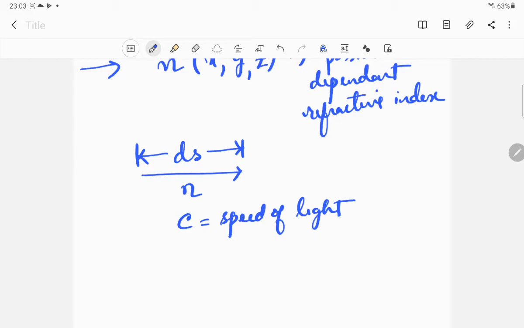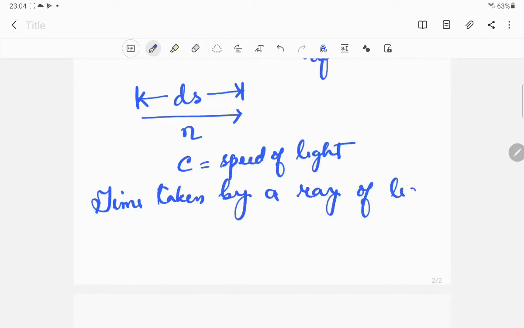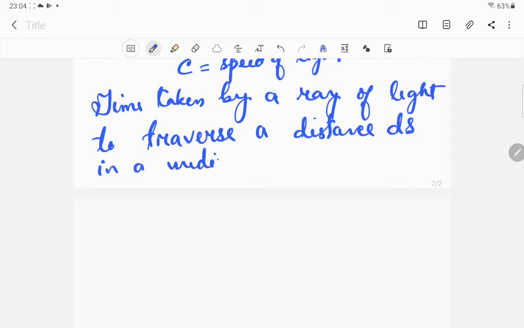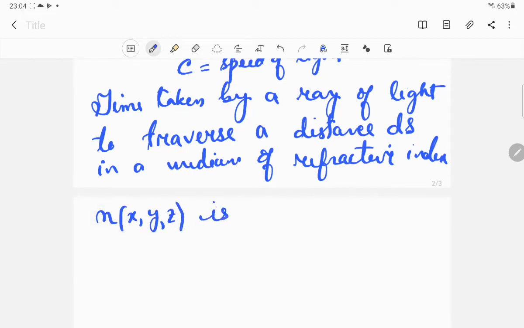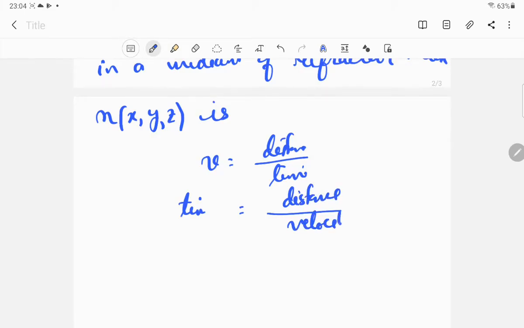So the time taken by a ray of light to traverse a distance ds in a medium of refractive index n is, you know that velocity equals distance divided by time, so time is distance by velocity.